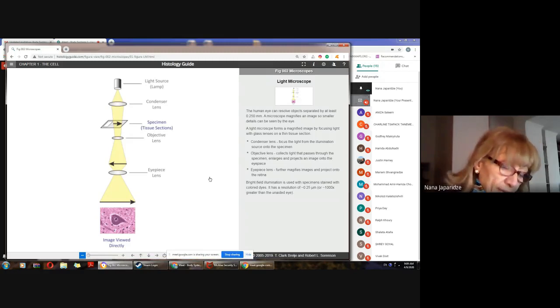Here the key players are different types of fixatives, which are different in the case of light microscopy and in the case of transmission electron microscopy.